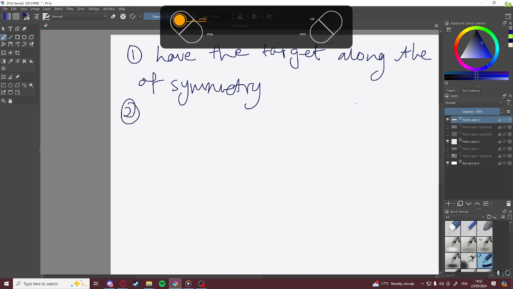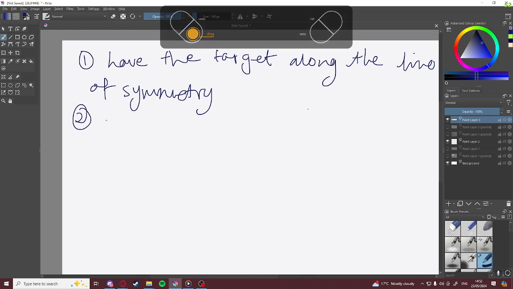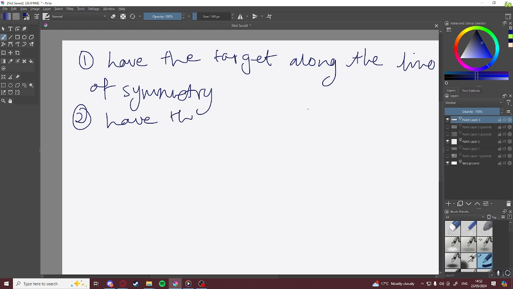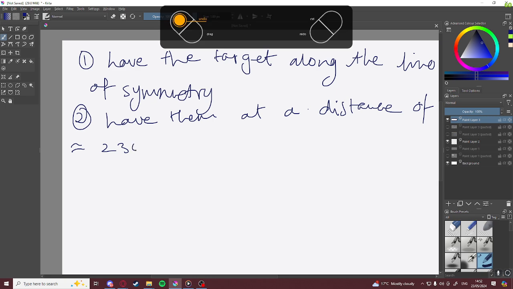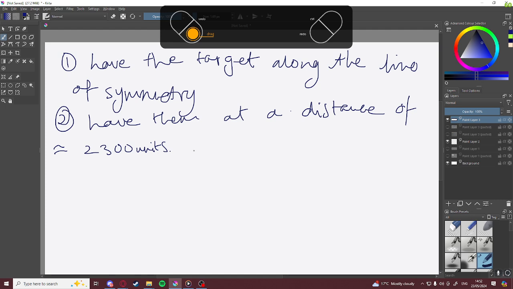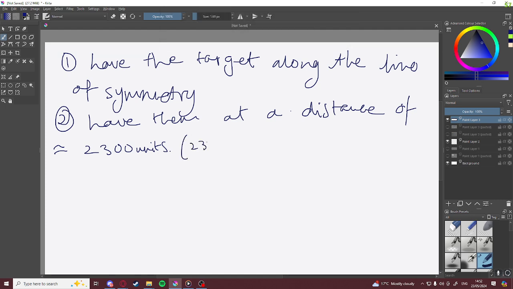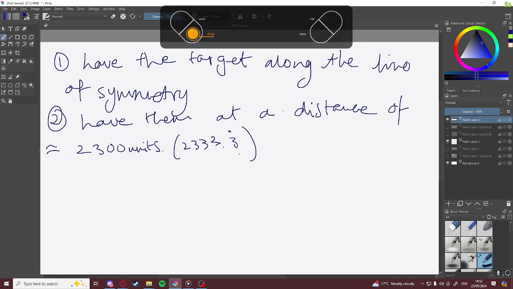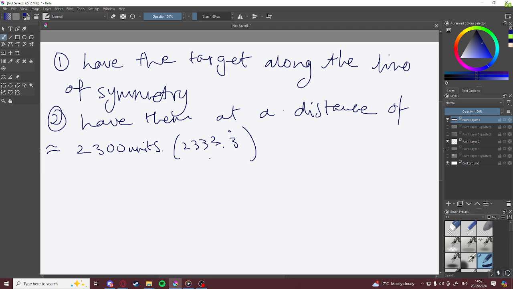And number two, have them at a distance of approximately 2300 units. If you want the exact answer, it's 2333.3 reoccurring. That's assuming that they don't move. So you want them at this distance here.